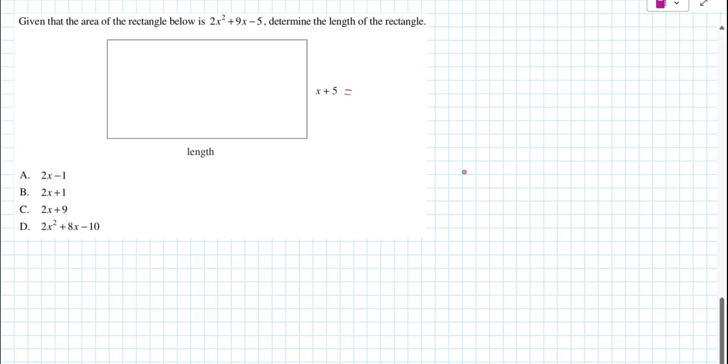So if this is the width, W times L, that's the area of the rectangle. So x plus 5, when you multiply it by another binomial, you'll get 2x squared plus 9x minus 5.